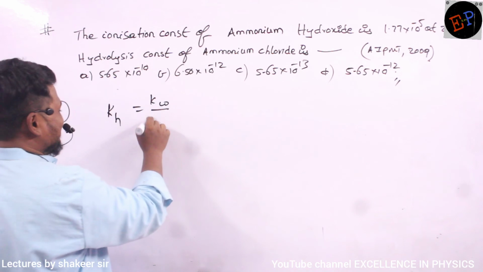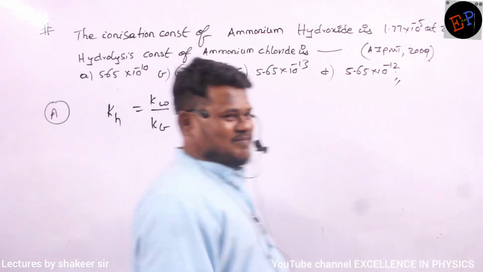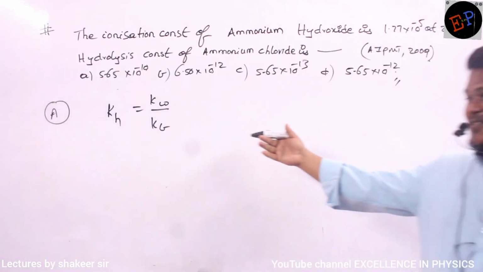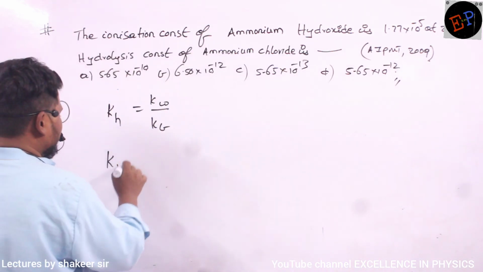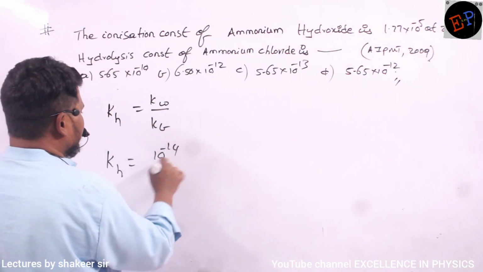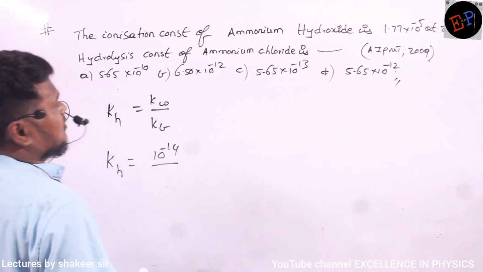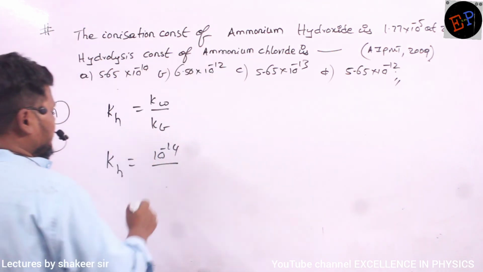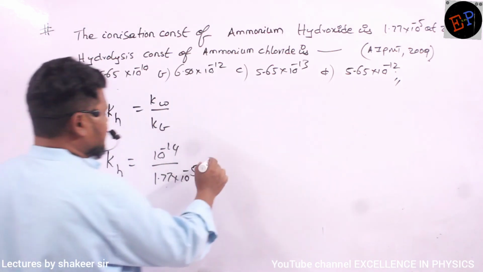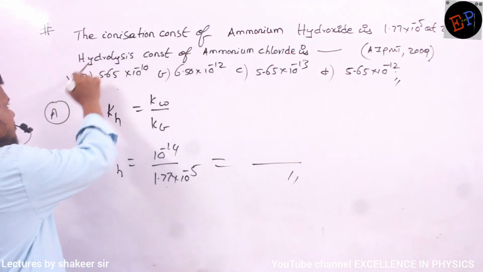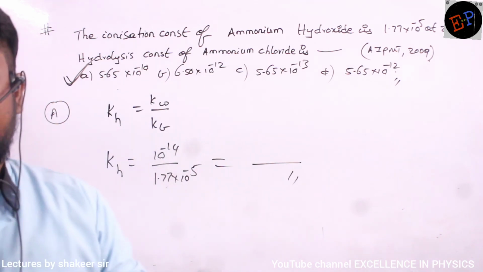Already we discussed this formula in the table. So Kh equals Kw, 10 power minus 14, divided by Kb, which is already given as 1.77 into 10 power minus 5. Just do this calculation, and that is the required answer.